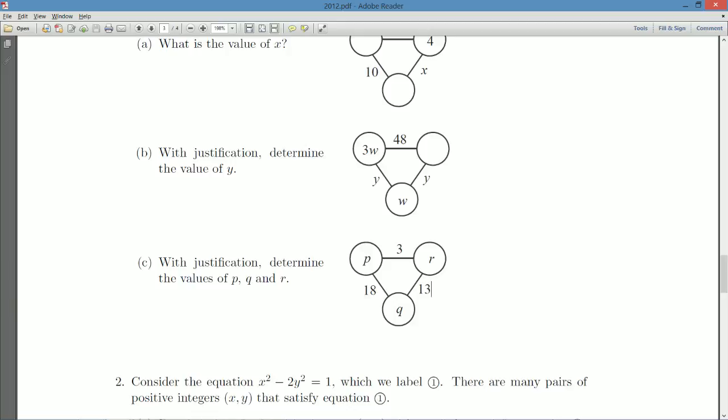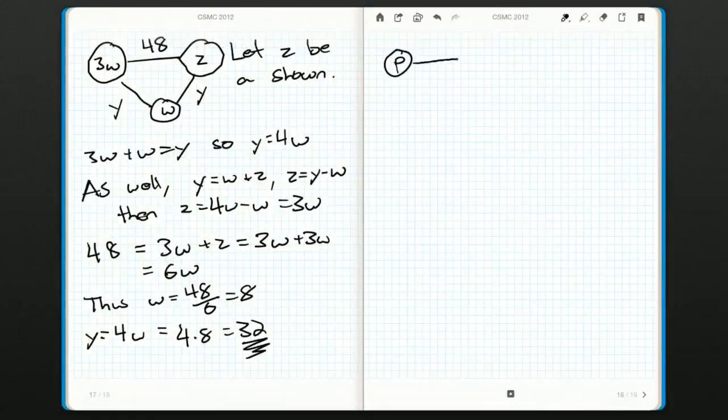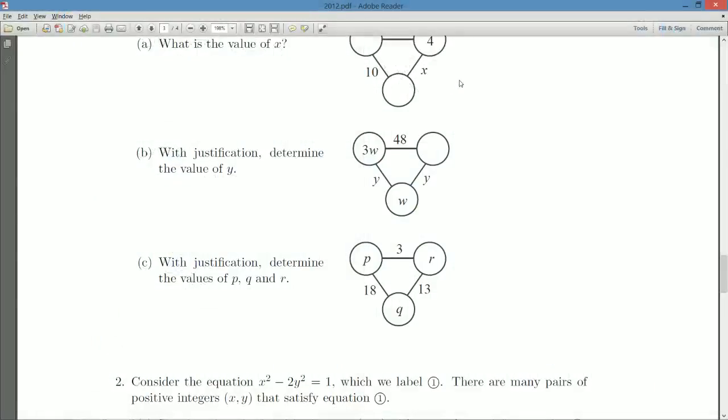Okay. So I can think of a couple ways to do this. I'll do the most naive, but maybe I'll do the other one as well. So we have P, Q, and R. I think. Actually, do I have the order wrong already? Yes, I do.